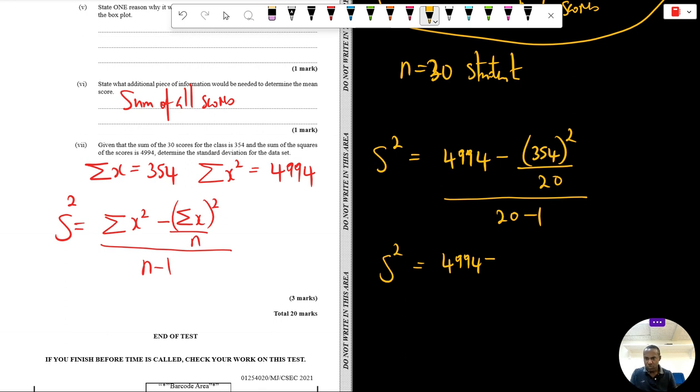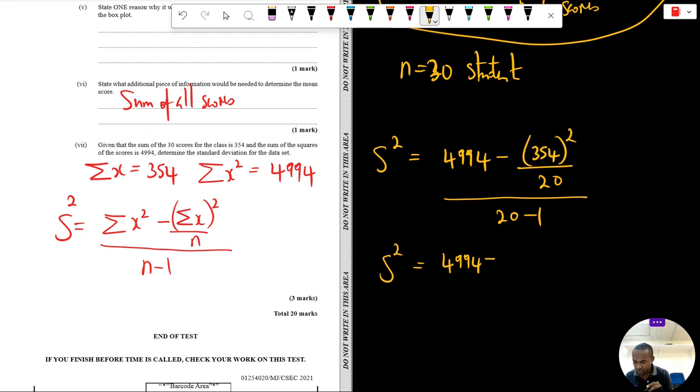Whoa. The sum of the squares of the scores is something, right?